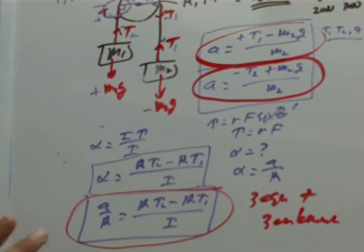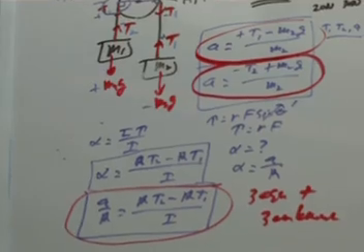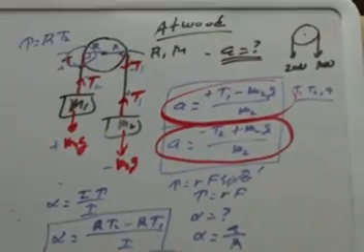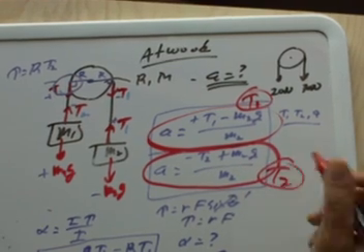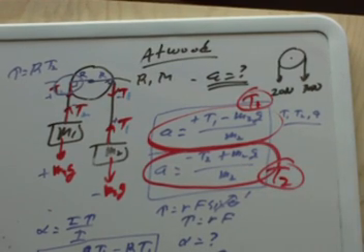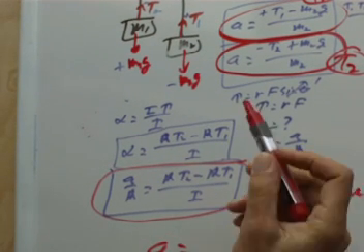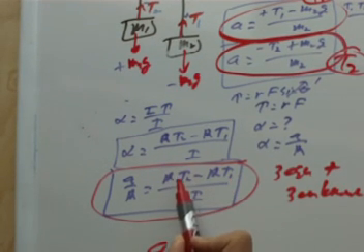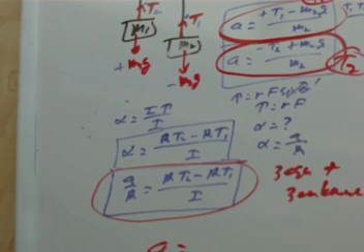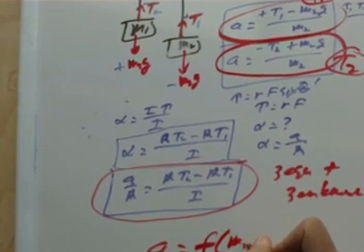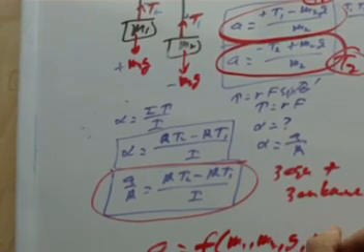What I'd recommend is to solve this one up here for T1, and this one down here for T2. Then plug your equation for T1 and your equation for T2 into the third. Then you'll have just one big equation that involves only a's, R's, M's, and I's, and you can solve for a, as a function of M1, M2, g, R, and I.